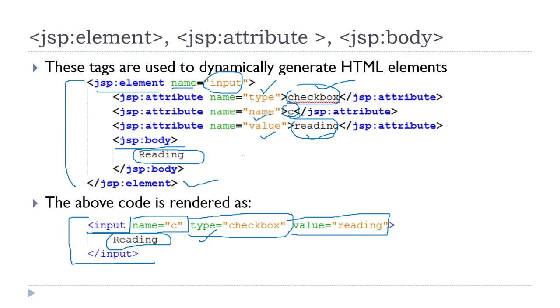The element is closed here. Now the HTML element that is generated from this code is this. In the response, we will not be able to see these JSP element, attribute and body tags. We will simply see this code. The code which is rendered will be the same as this.